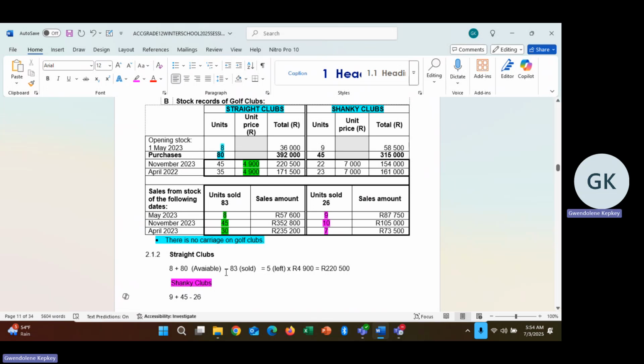I'm now not writing all that detail again, grade 12s. By now you should be with me. So let's repeat. My beginning plus what I've purchased minus what I've sold. If I do so, I come to the number of items that I've left of 28. I will now just write that I have 28 left. Now the fact that I have that 28 left, what is the next step?